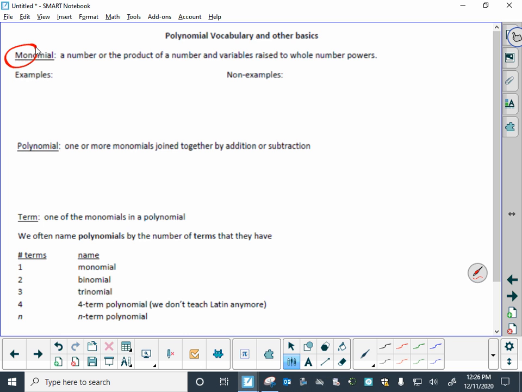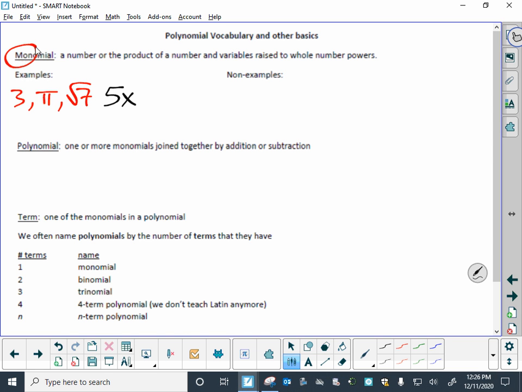So it could be a number, any number that you pick, 3, pi, square root of 7, those are all numbers, or the product of a number and variables. So I could have 5x raised to a whole number power.